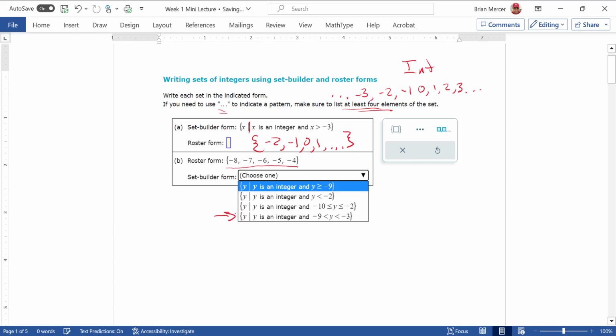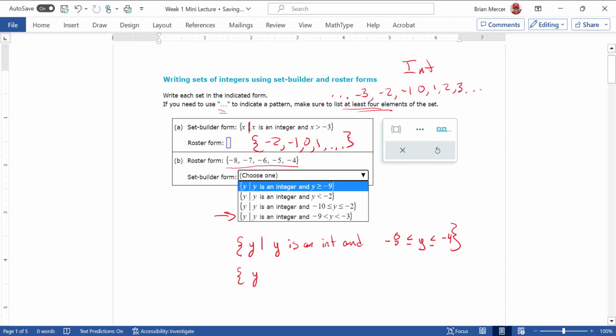But I also want to say this, because if you were just writing this and you weren't given multiple choice, there's another correct answer. You could say y such that y is an integer, and I could say -8 less than or equal to y less than or equal to -4. So that would also work. And I'm not trying to be silly, but you could write another one.